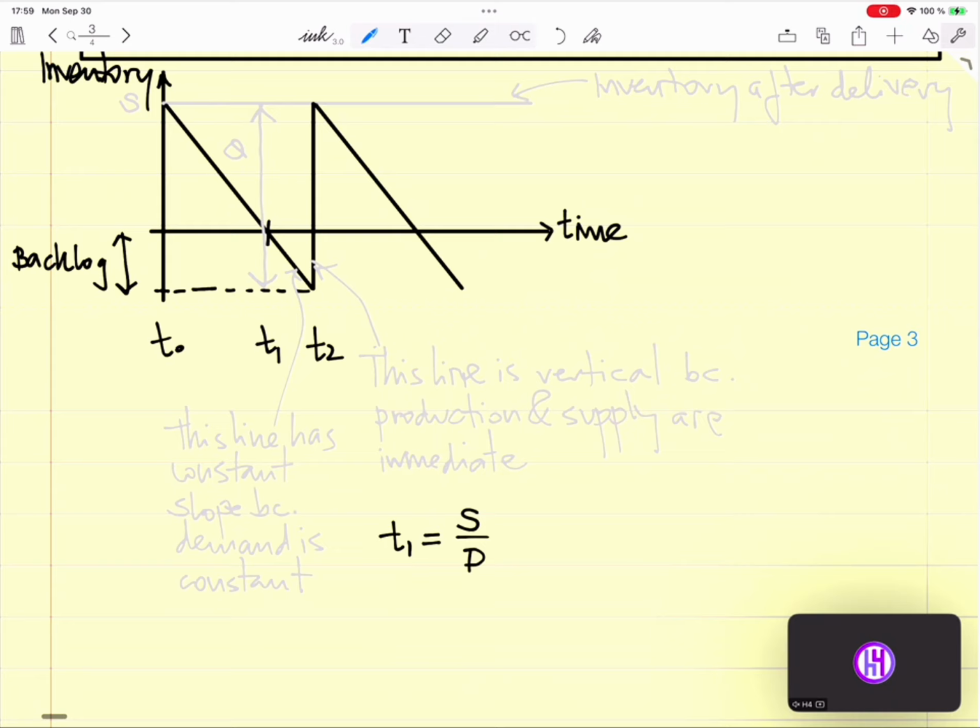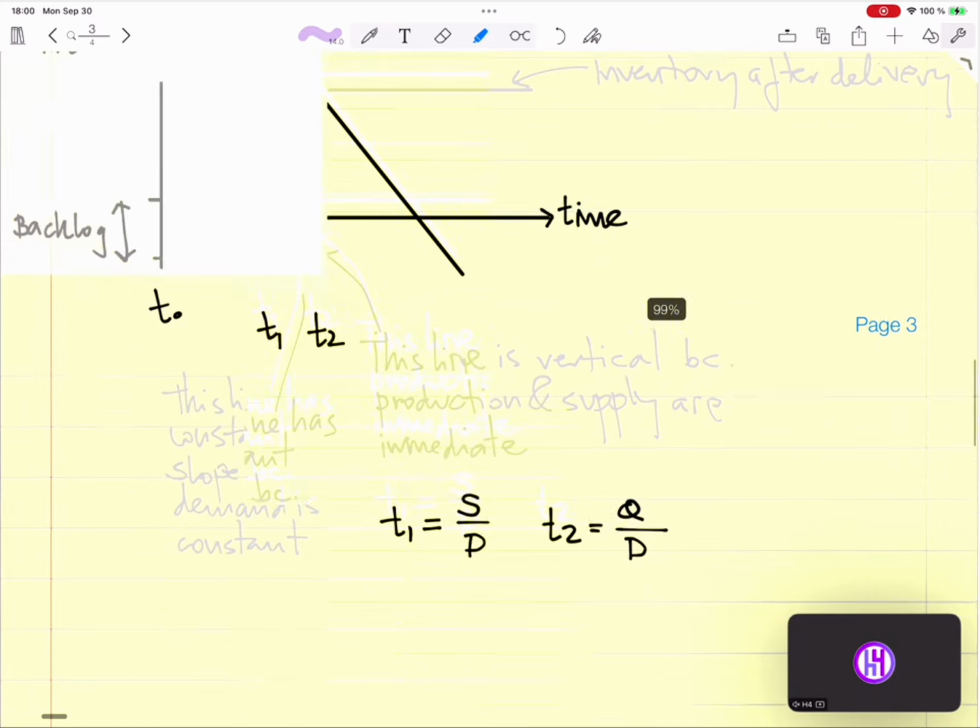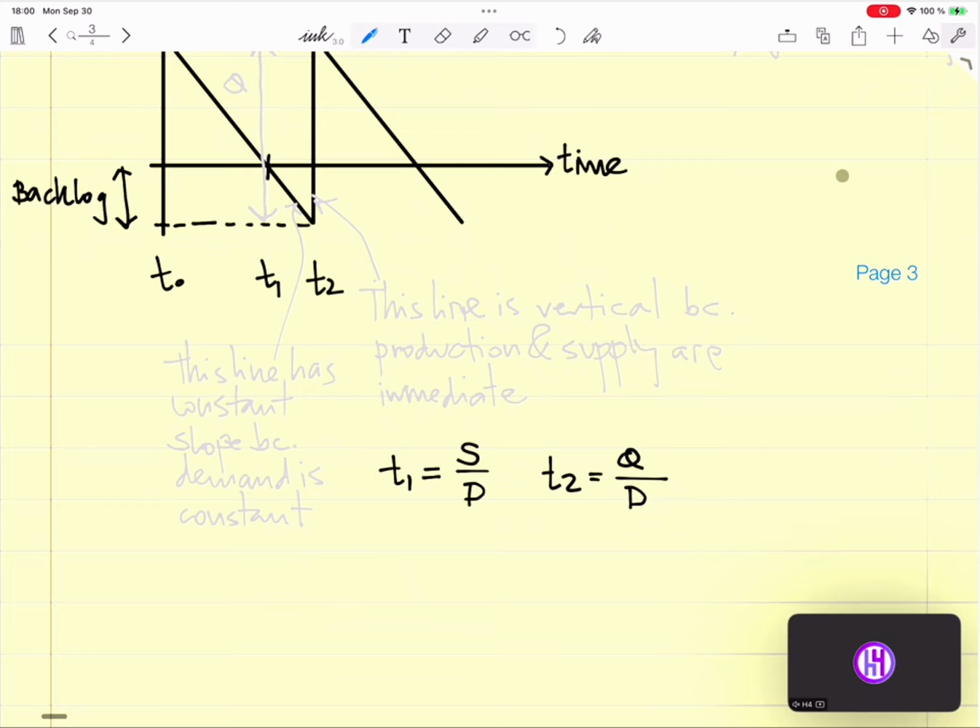T1 is S divided by D, which is nothing but S divided by the slope, which is the demand. And T2 equals Q divided by D, which is Q divided by the slope again. So with this information, we can go and define our cost function.